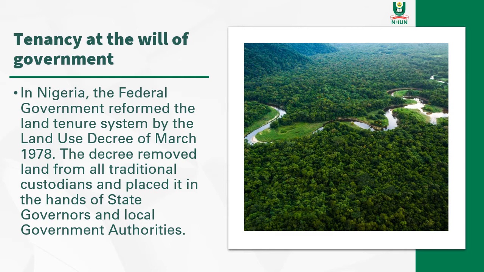So virtually all the land in Nigeria is owned by government, by the state governors or local government authorities. So this Land Use Act or decree was established in March 1978.